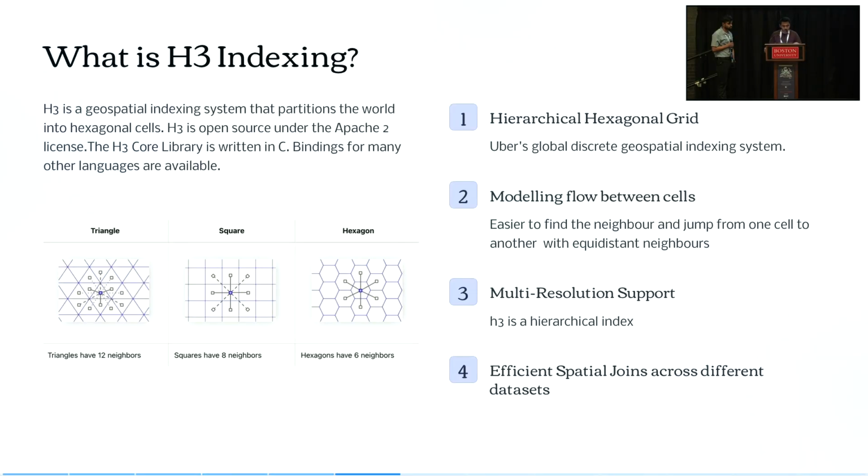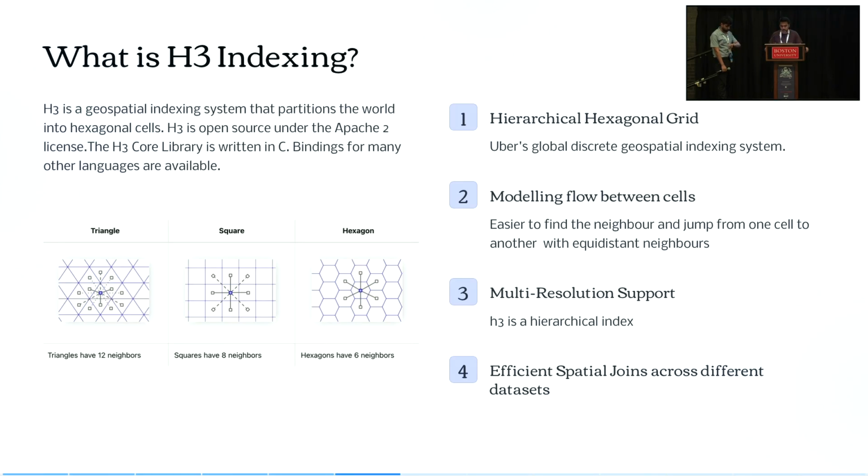On a triangle, we have a lot of gap and a lot of distance to calculate. For the square as well, we have a lot of distance to cover. On the hexagon, the distance is almost equal for everyone, so it's more efficient calculation-wise. That's why we went with the approach of hexagons.